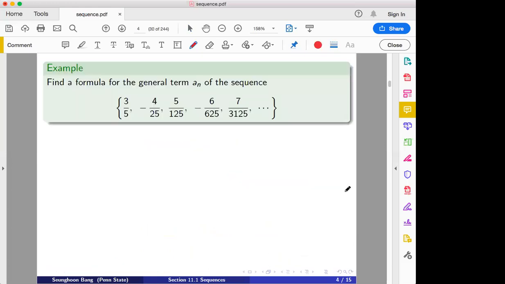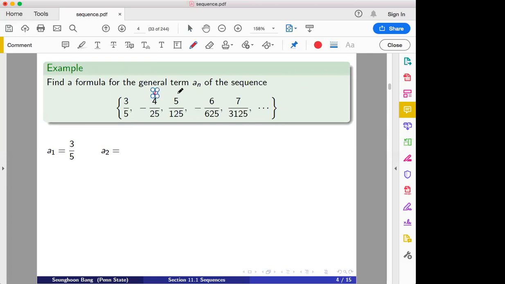Second one: find a formula for the general term an of the sequence. The first term a1 is 3 over 5. What's a2?